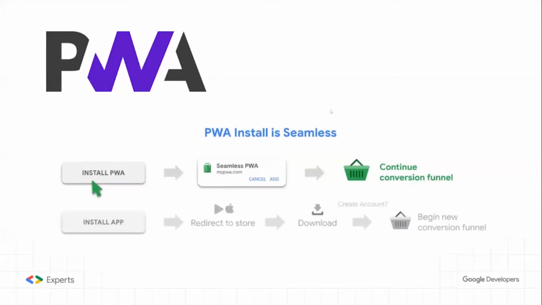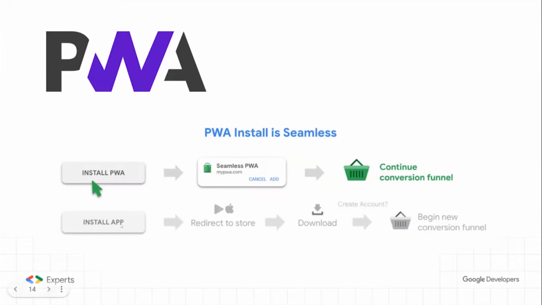Now, the idea also of PWA installing is seamless is that sometimes your site will have an install PWA pop-up that will show up, seamless PWA add, and then they continue the conversion funnel, meaning the journey of having them buy stuff or whatever it is.